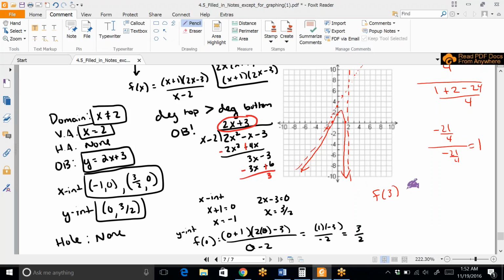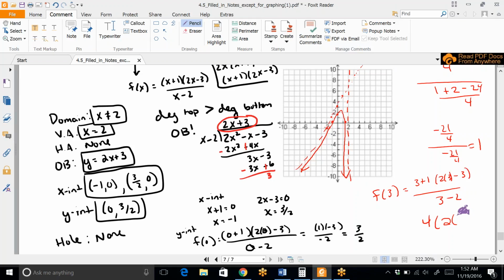So f of 3 equals 3 plus 1, 2 times 3 minus 3, and 3 minus 2. So that's 4. 2 times, so that's going to be, sorry, I lost my train of thought on this guy.